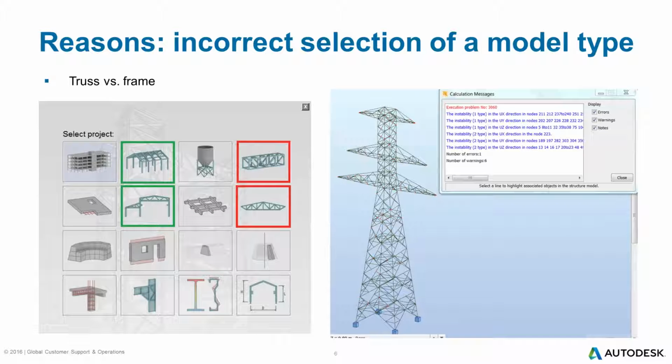Mind that all connections for the prior are assumed as pinned, so any missing posts or diagonals will result in instability warnings. Let's have a look at the example where an electricity transmission tower was defined as a 3D truss model, whereas it should have been a 3D frame instead.